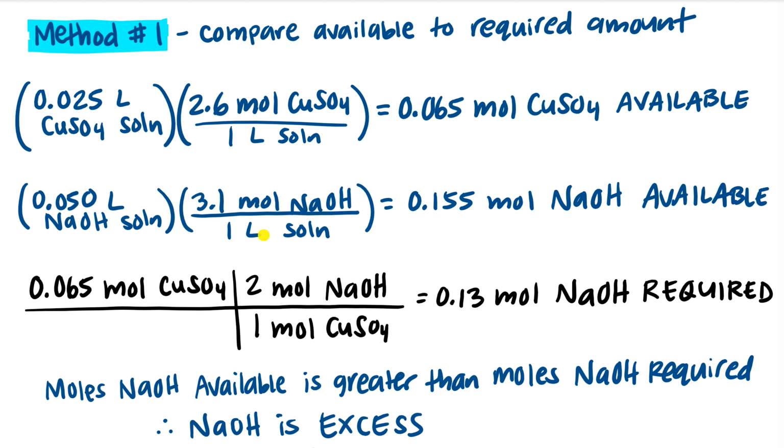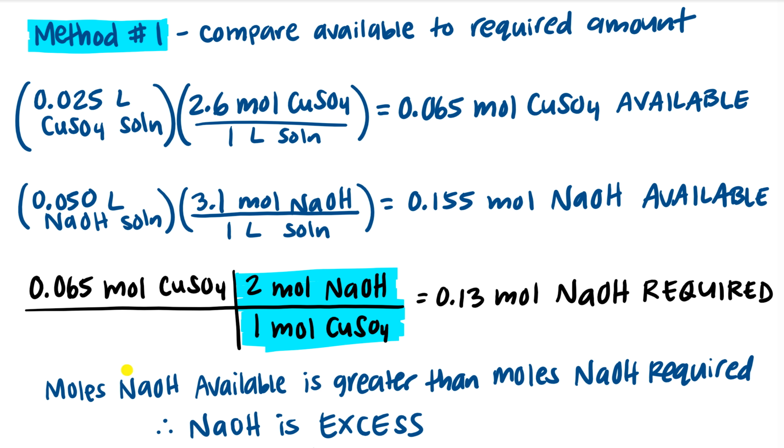I use the mole ratio. Here's the stoichiometry part. These are our coefficients from that balanced equation. 2 moles of sodium hydroxide for every 1 mole of copper sulfate. And that's going to tell me that we're going to need 0.13 moles of sodium hydroxide to react with all of the copper sulfate.